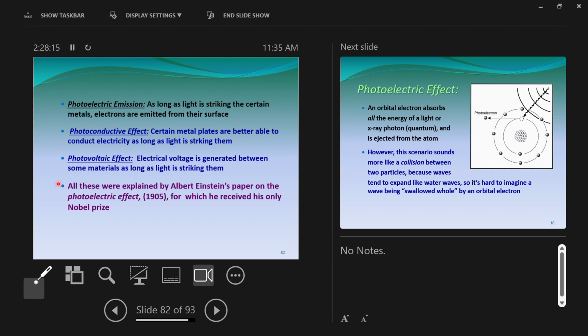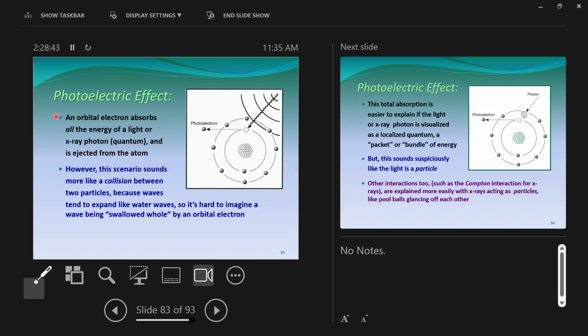This was the beginning. So Einstein figured out that when you shine light onto specific types of materials, they will emit electrons, one at a time, meaning that the electrons are having to absorb specific amounts of light, quanta of light, in order to gain enough energy to be emitted, to fly away from the material that they were originally in.